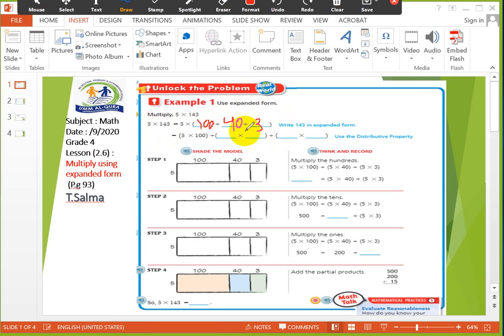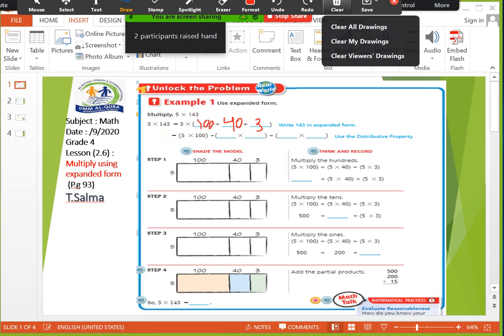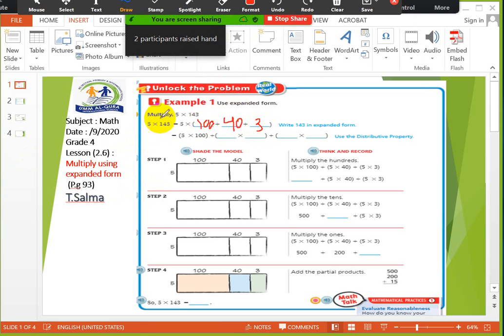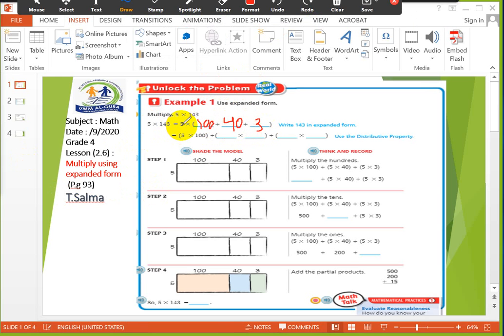Now, to multiply the number according to the expanded form, I will multiply the 5 with each number of those. First with the number in the hundreds digit, then with the number in the tens digit, then with the number in the ones digit.